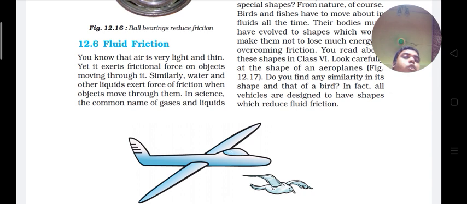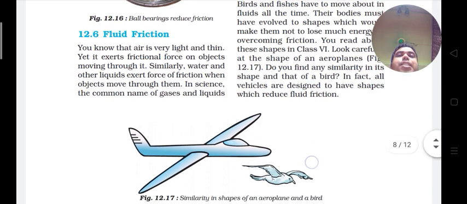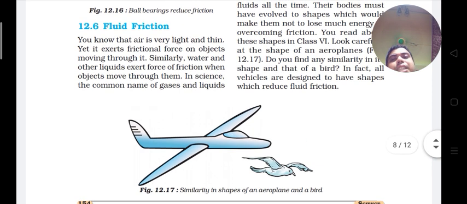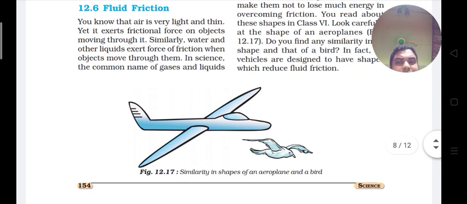A body shape which offers very little resistance to the flow of air or water around it is called streamlined shape. A streamlined shape is like a thin wedge or triangular object lying on its base and sloping upwards gradually.